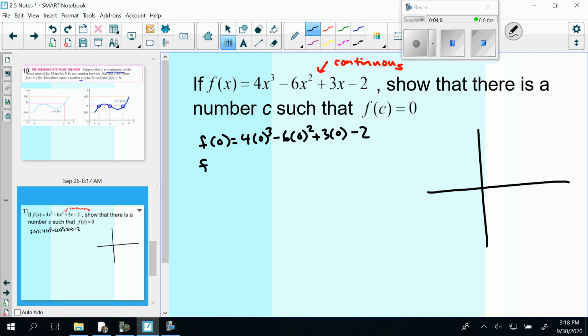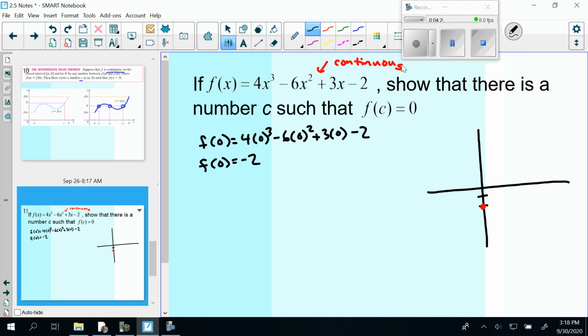And so f of 0 is equal to -2. So we've established there's a point right here. There's a negative value of this graph. Now if we can show some value up here, we can show that it has to pass through. So we've got to find something that we can put in for x that will come out bigger than 0.